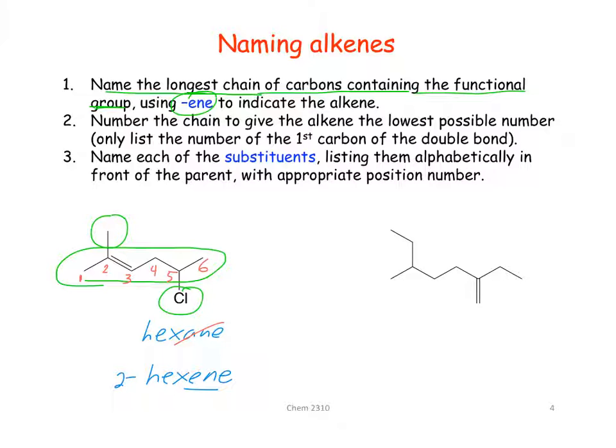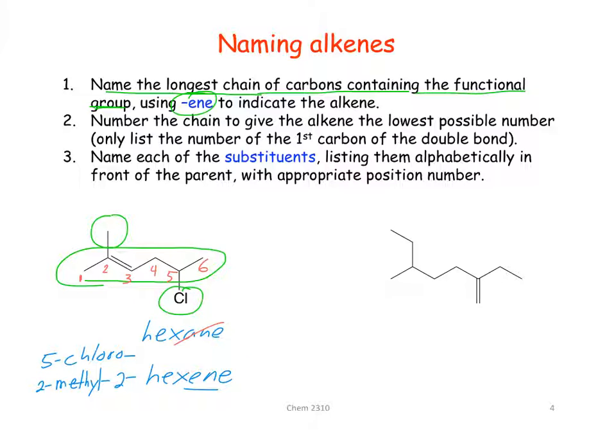So we're just going to list these in alphabetical order, just like we always have. All right, so we're going to list the chloro first. We're going to have 5 chloro, right? And then the methyl's at 2, methyl 2-hexene.